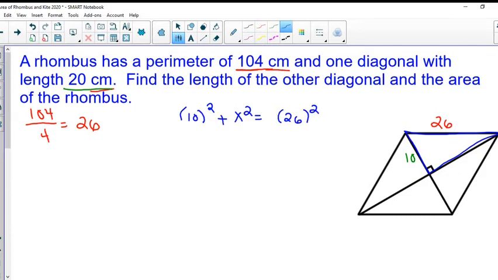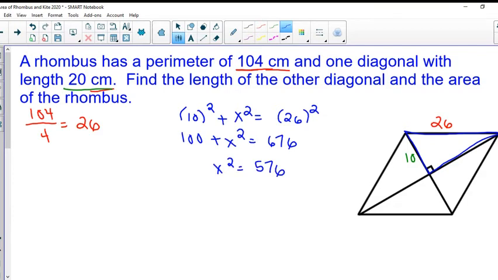Solving that, we get 10 squared, so that is 100, plus x squared equals 676. Move the 100 to the other side. That gives us x squared equals 576 with subtraction.